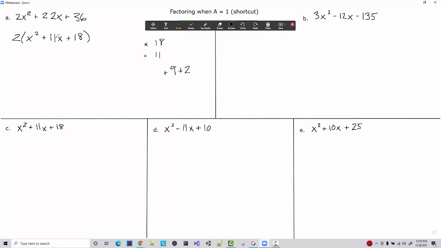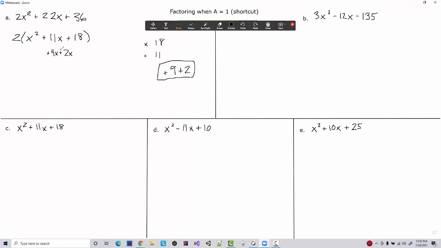But what we found, if you actually paid attention in the last few problems of that previous video, is that once I get my factors here, I don't need to break this up into plus 9x plus 2x, right?